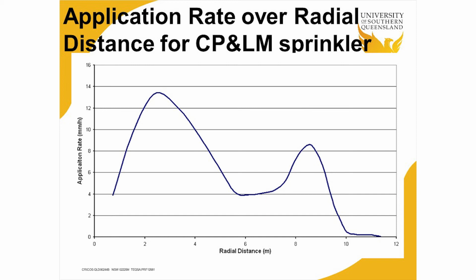When we do the modelling, we actually have to take that measured radial leg information and plot it as a variation in depth, and then overlay those many applied depths of water to actually determine the true variability of the field.